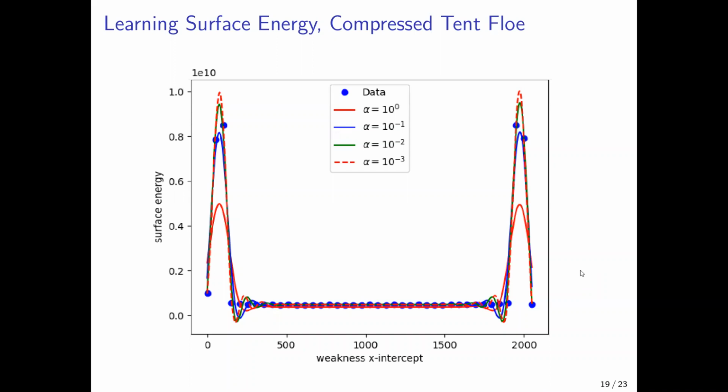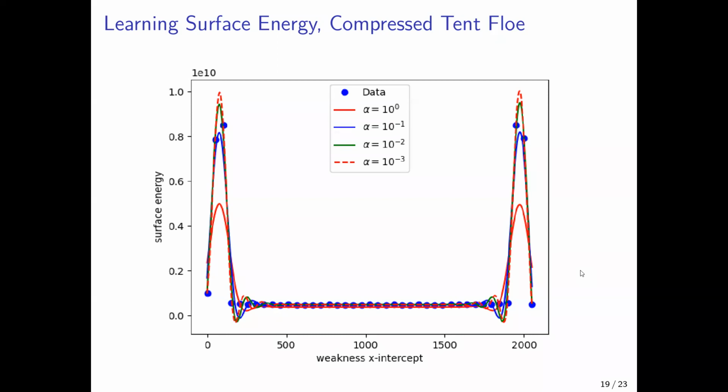Part of the problem is better seen in this example here, where we have very discontinuous behavior. In the compressed 10 experiments, we had a very flat region and then large jumps right at the end. In this case, you can see the same narrative: alpha equals 1 doesn't really give a good fit, and alpha equals 10 to the negative 2 or 10 to the negative 1 seem to fare a lot better.